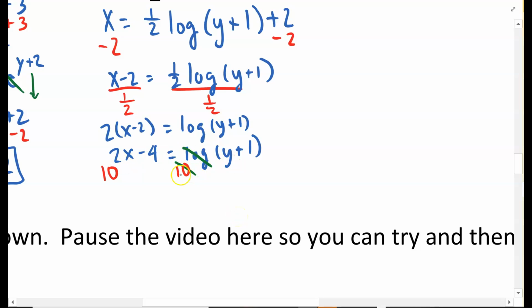And again, remember, when I put this base of 10 in red on both sides, it makes this and this an exponent. Okay, just to remind you of that, it's not times 10, it makes it a base of 10. And so that gives us 10 to the power of 2x minus 4 equals y plus 1.